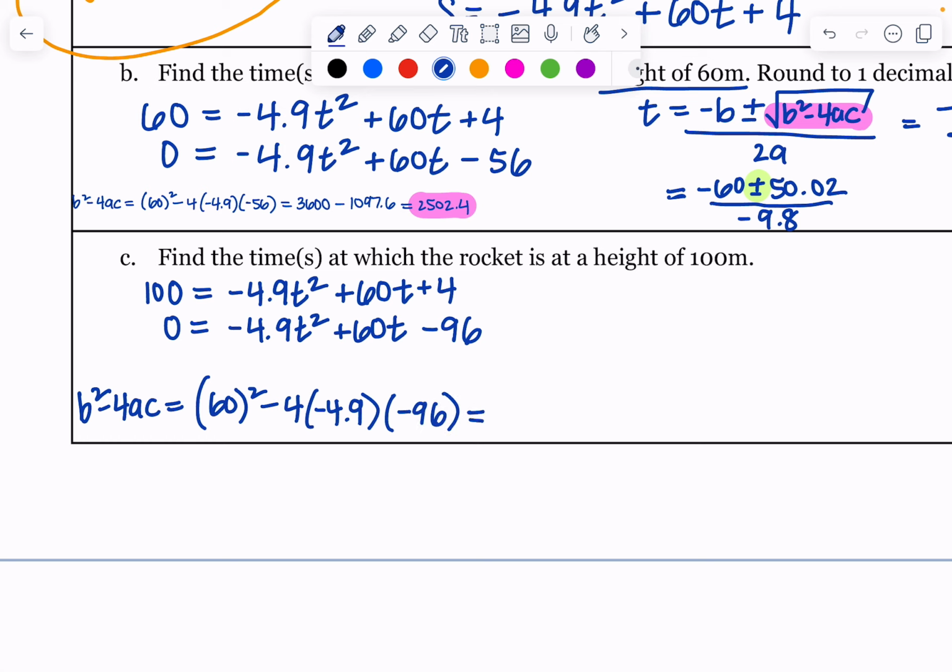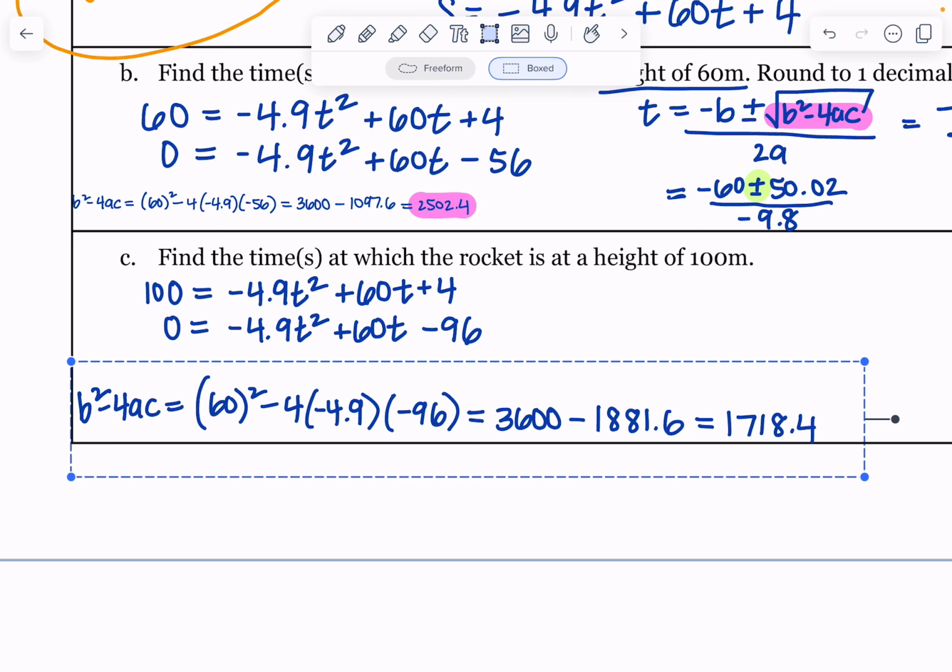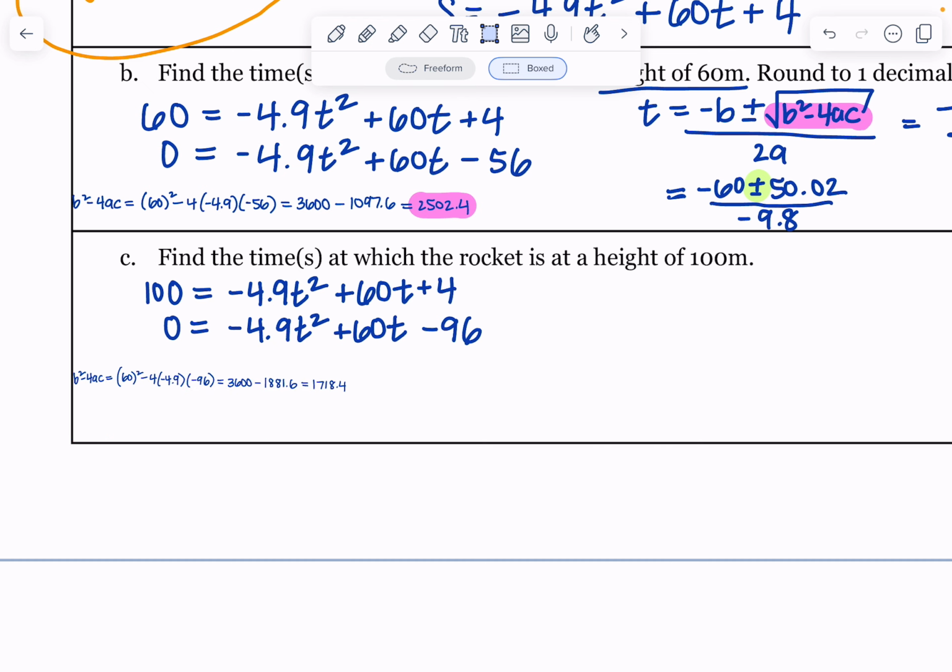Let me get my calculator. So it's going to be 3600 minus 1881.6. So that gives us 1718.4. So I'm going to make that small. But now we can use our formula.